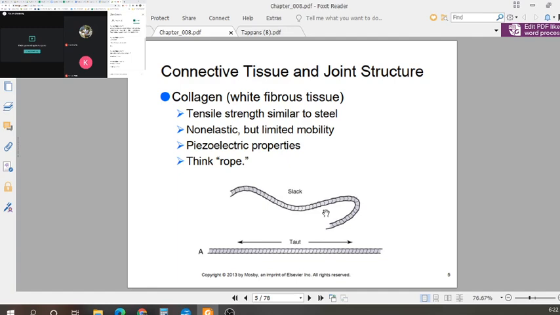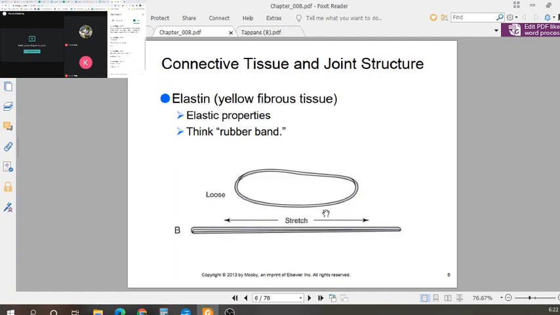Elastin is yellow fibrous tissue. As we know, elastic is much more free moving and allows more movement, which means it's going to have less what? Stability. Yes.